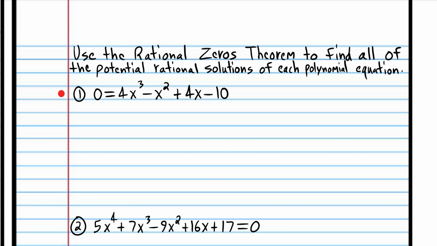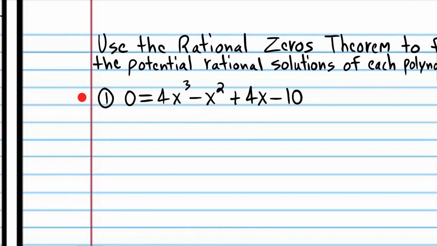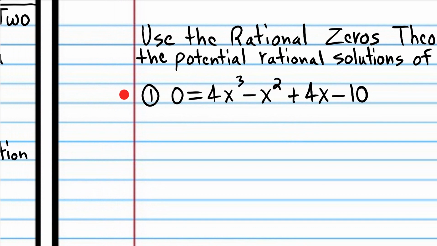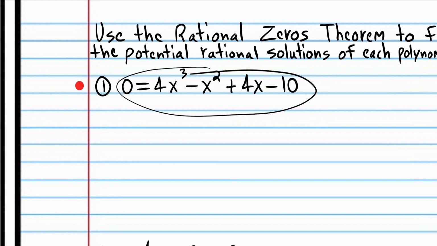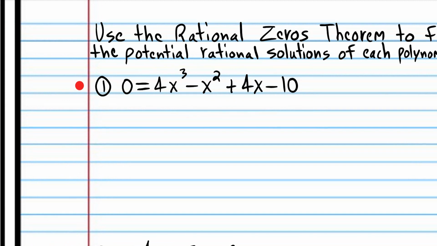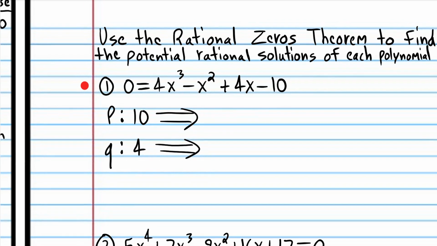So here's how the Rational Zeros Theorem works. We're going to find the solutions to this equation, or the potential solutions. P is going to represent all of the factors of the last term, and Q is going to represent all the factors of the coefficient of the first term.